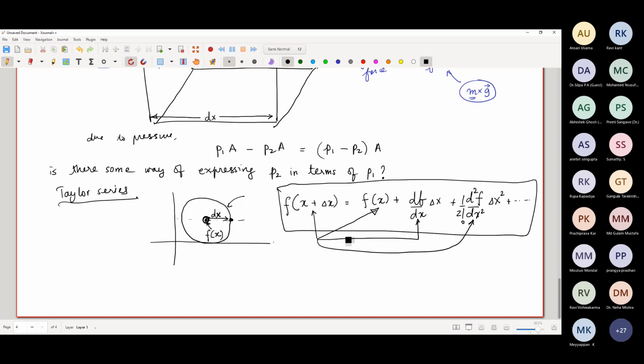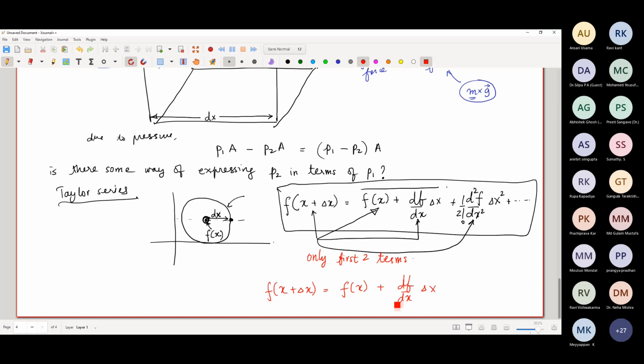Okay. So if we were to keep only the first two terms on the right hand side, then we have f of x plus delta x is equal to f of x plus df/dx times delta x.